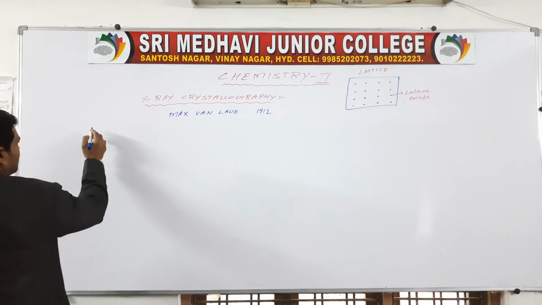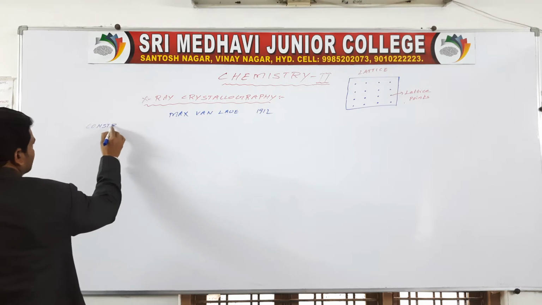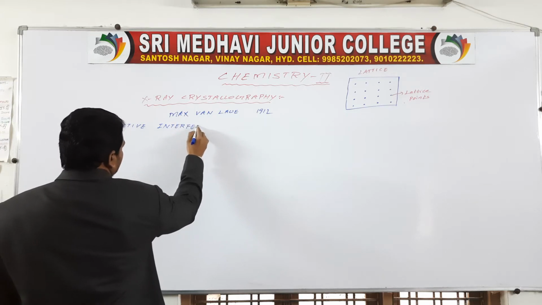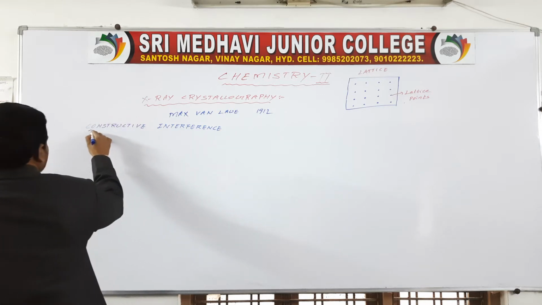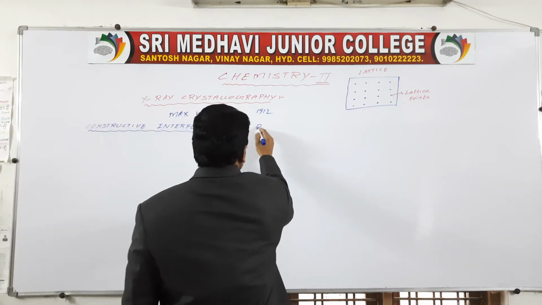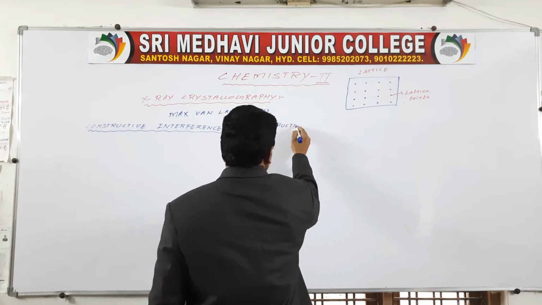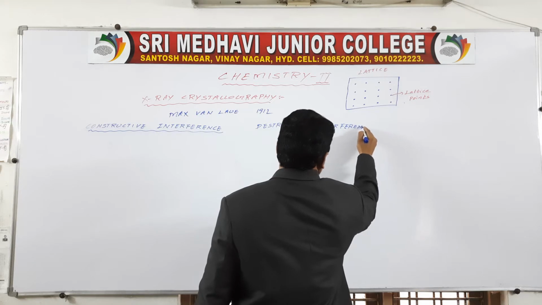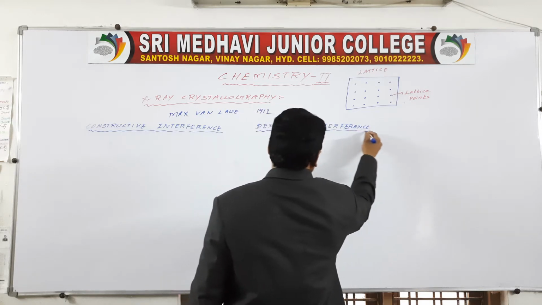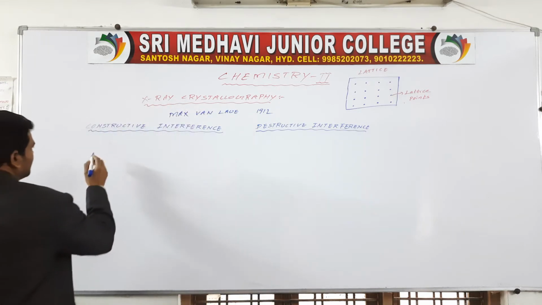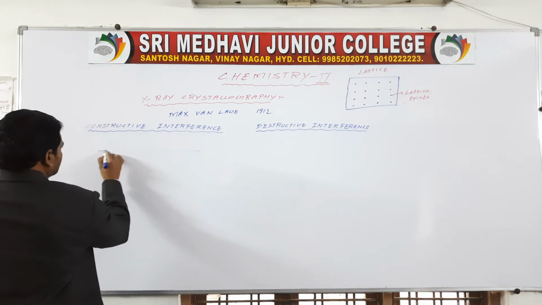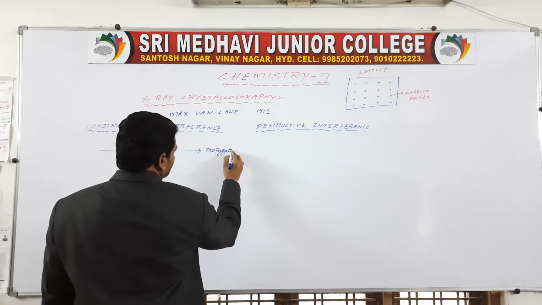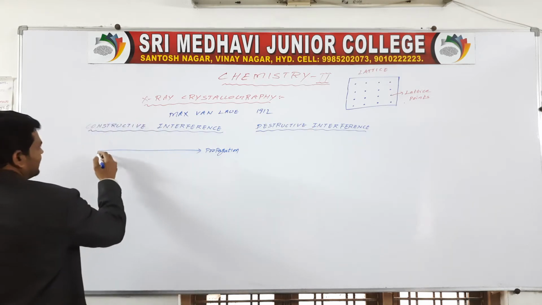First, constructive interference. Passing two waves, it is one wave propagating, moving, having an amplitude like this.